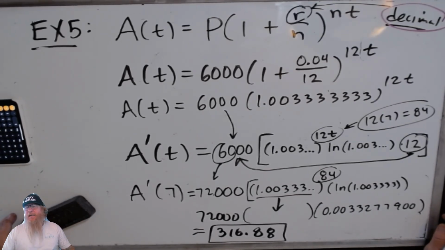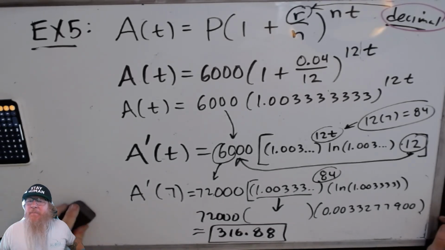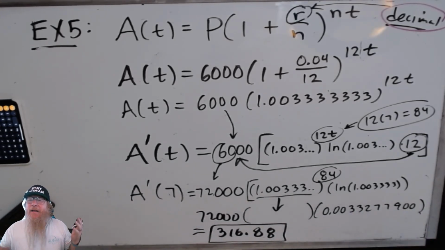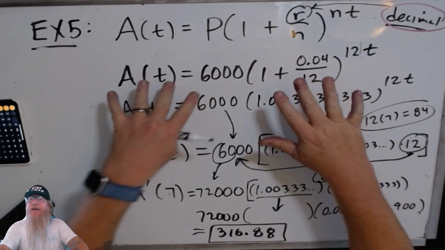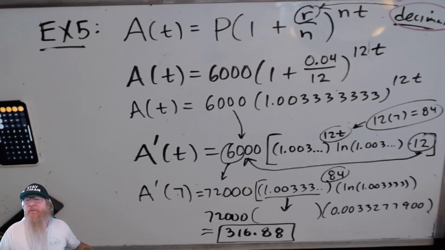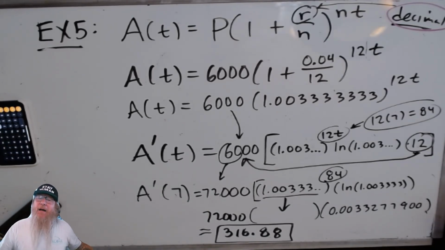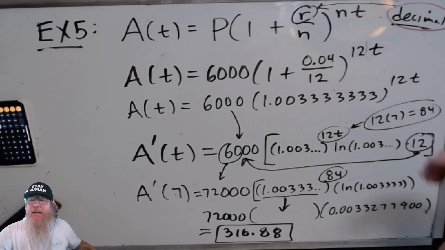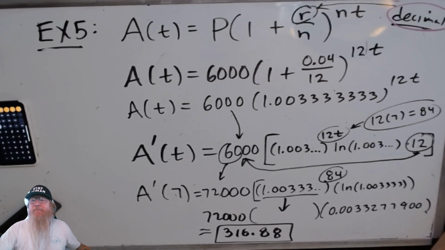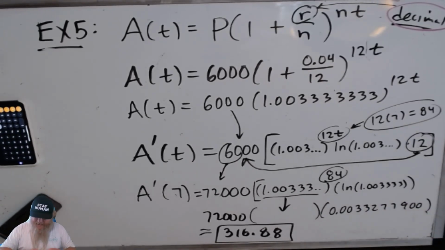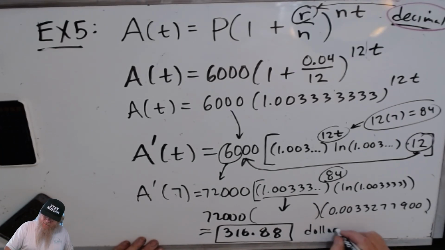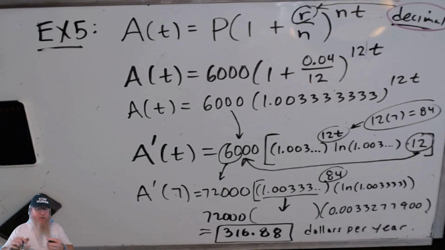I just thought I would squeeze that in there to sort of remember where we came from, I guess. Yeah, the business math. Business is not just about cost, revenue, and profit. That's one side of business. But another side is investing. That's sort of the passive way to make money. You just put the money in an investment and you check it from time to time. And so basically this is dollars per year. It is positive, so that's good.